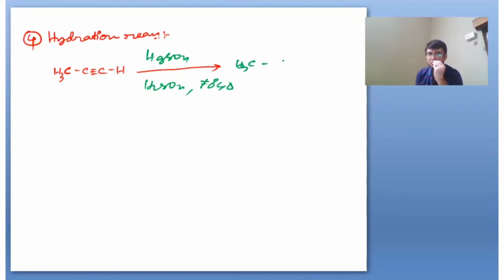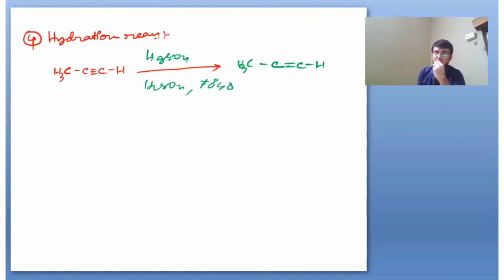Of the triple bonds, one bond will remain and the other two bonds will get open. So here what happens is that one of the triple bonds gets opened.